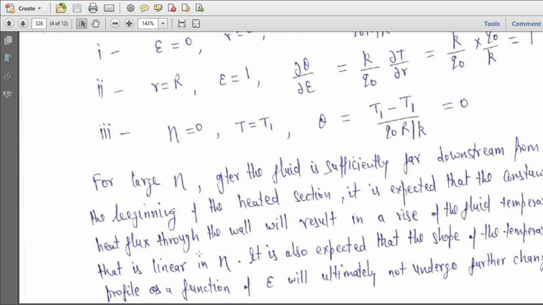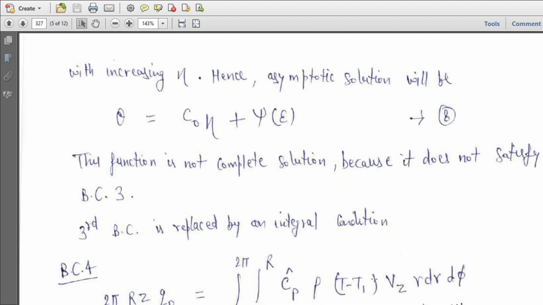It is also expected that the shape of the temperature profile as a function of ε will ultimately not undergo any further change with increasing η. Therefore, the asymptotic solution would be θ equal to C₀ η plus ψ, a function of ε.